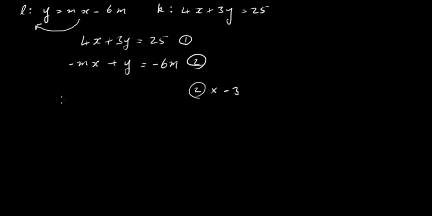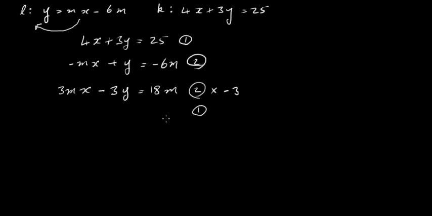If I do that here, minus minus is plus, 3 times mx is 3mx. Minus times plus here is minus, 3 times y is 3y, so that's minus 3y. And here I end up with minus minus is plus, 3 6s are 18m.